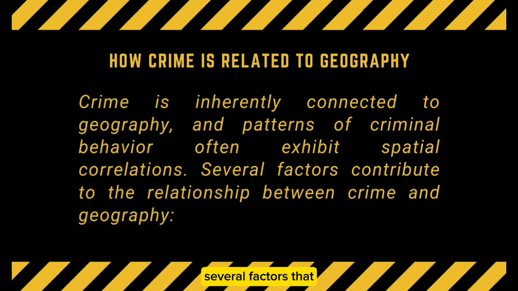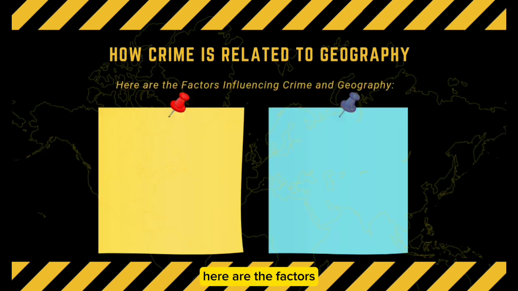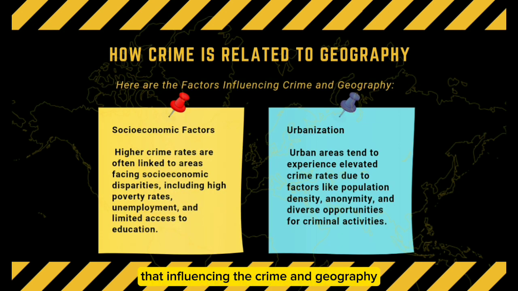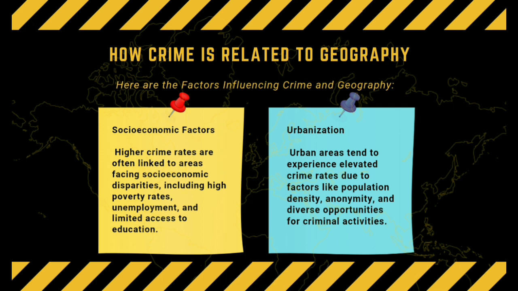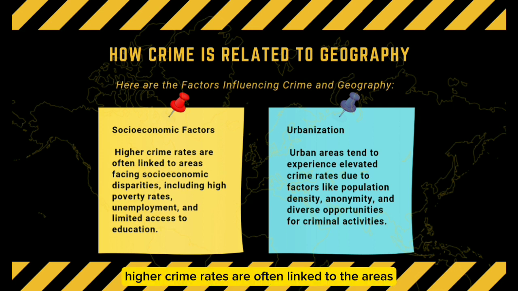There are several factors that contribute to the relationship between crime and geography. Here are the factors influencing crime and geography. Socio-economic factors. Higher crime rates are often linked to areas facing socio-economic disparities, including high poverty rates, unemployment, and limited access to education.